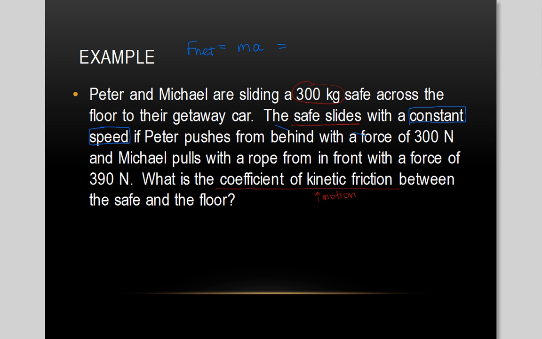A is 0. So then the net force is 0. So any forces that might be acting on it have to be balanced.